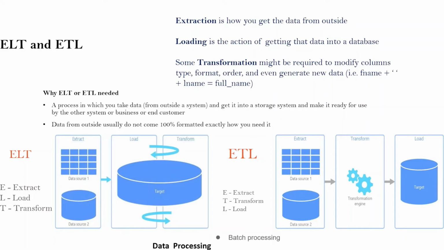In batch, first data is stored in chunks, and then over some time, like we have discussed earlier, the batch, like CSV, Parquet and all, gets loaded to the database. And in stream, whenever data is created, it gets processed immediately. So both batch processing and stream processing are supported.